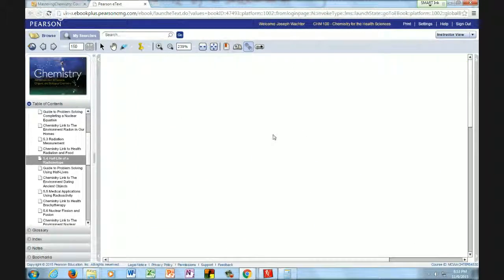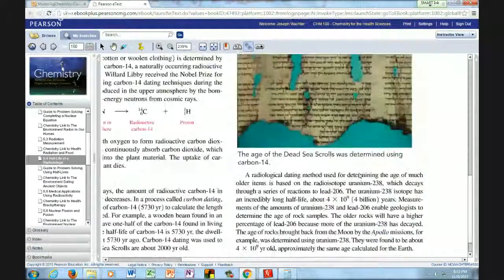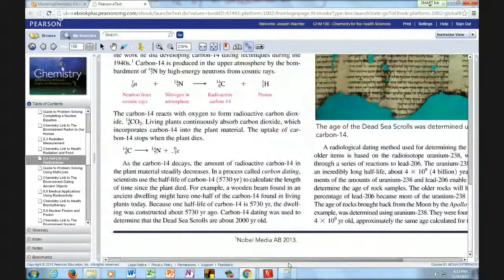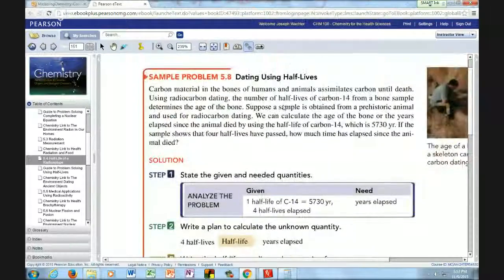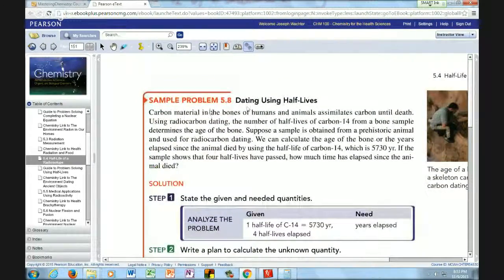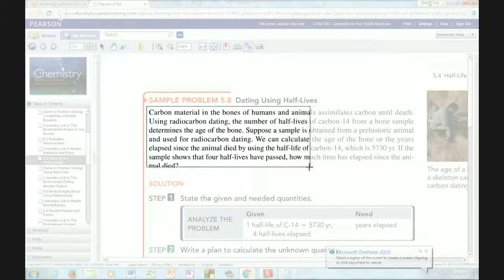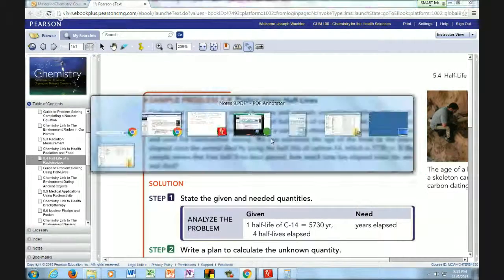Okay, let's take a look at this question. One thing that these isotopes are used for is something called carbon dating.